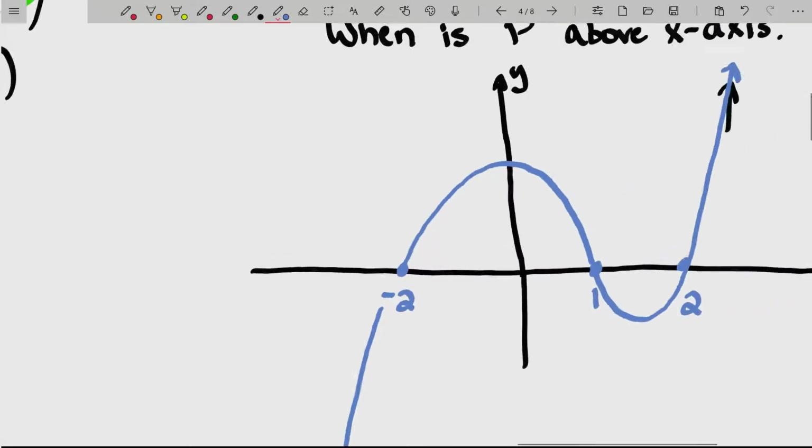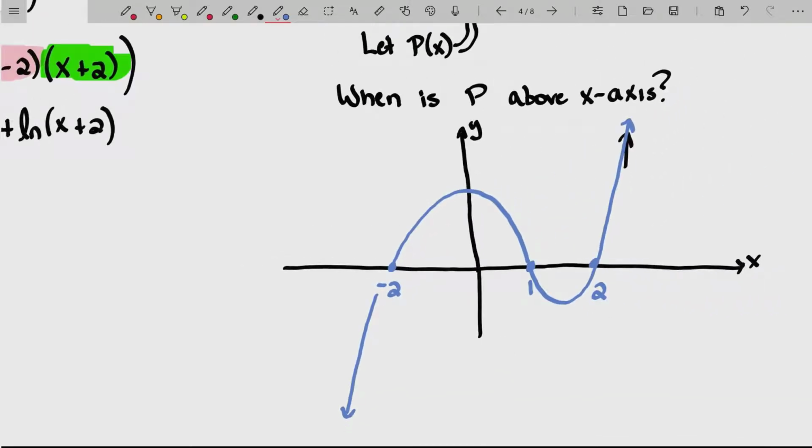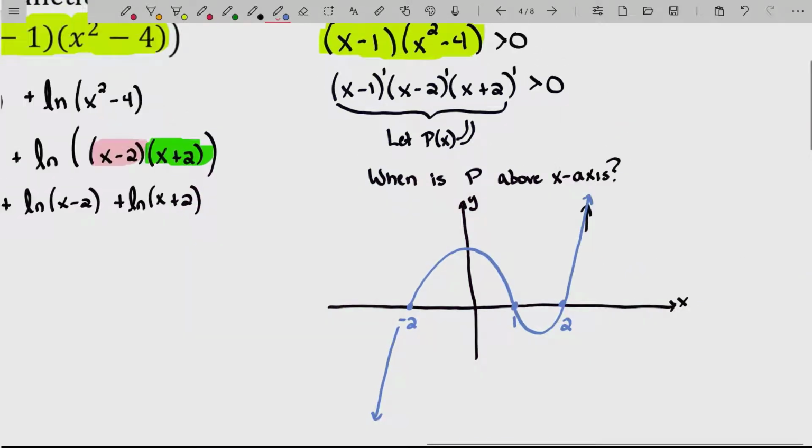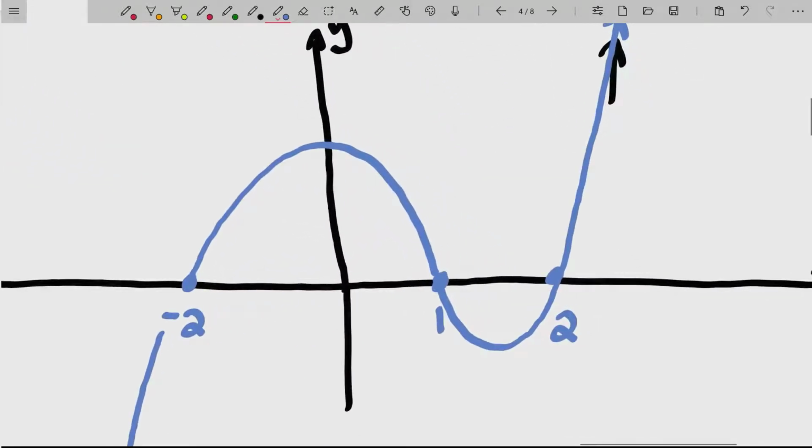We have our graph. This is our polynomial graph right here. And now you probably have forgotten why we did this because it's very easy to forget why you're doing this. We're doing this because we want our polynomial to be above the x-axis. And if you look at this polynomial, it is above the x-axis on this interval right here and on this interval over here.